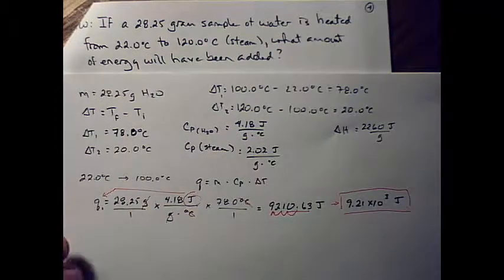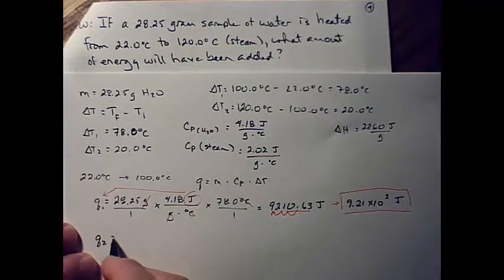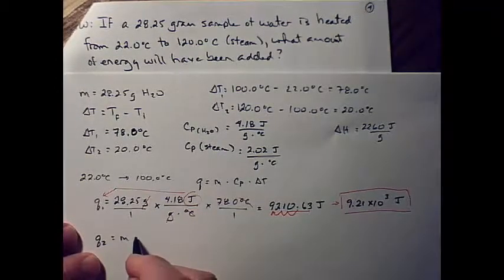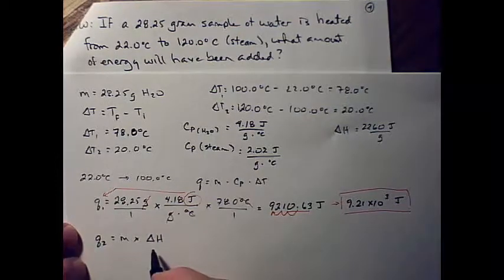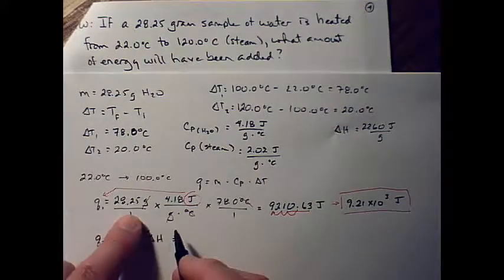All right? Then Q2, for the phase change, is mass times the change in enthalpy. H stands for enthalpy. Used to be heat, that's why it has an H there. But it now is enthalpy for all forms of energy stored in the system. Okay? So you need to know what enthalpy is. And our mass doesn't change.